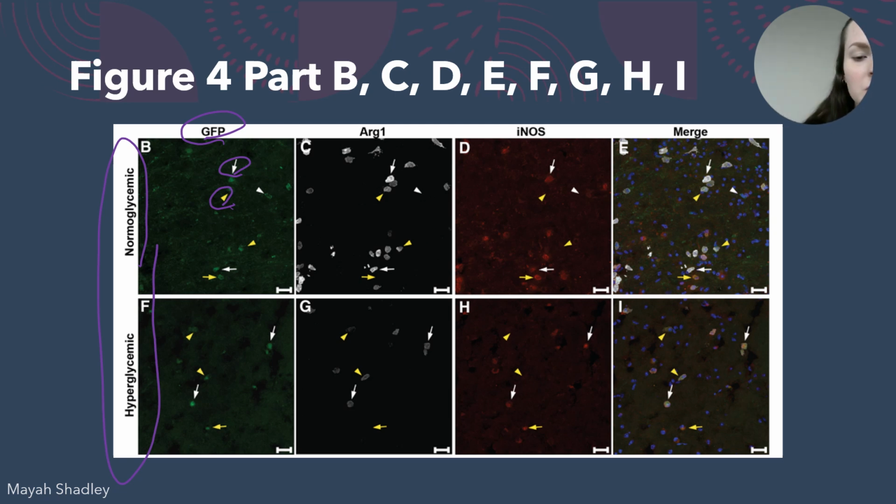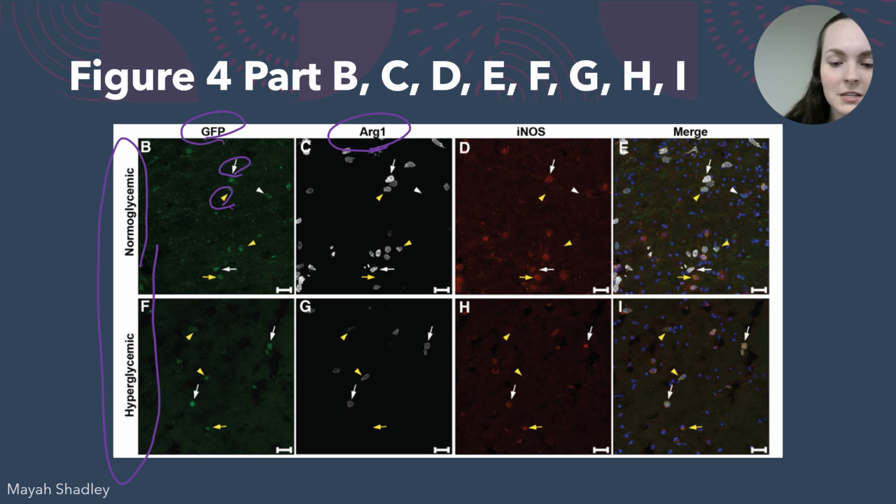But then we move on to this arginase 1 that I think Ember talked about a little bit earlier. And it's associated with the anti-inflammatory response, that M2 type macrophage that we've been talking about. And this phenotype is what we want. We want the non-inflammatory type to then protect the brain after the cell damage.